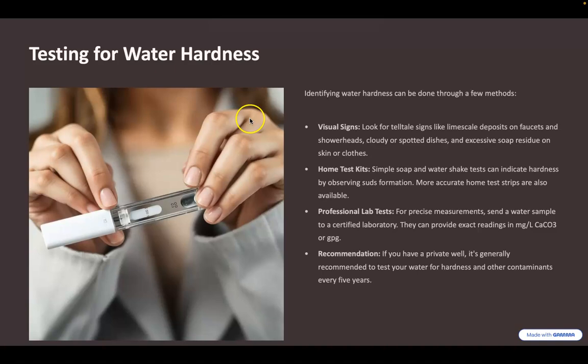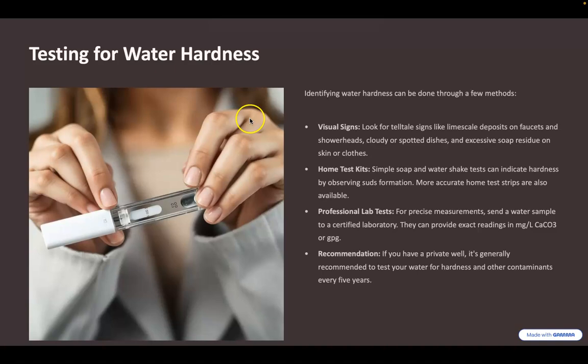So how can we test the hardness of water? We can test the hardness of water in different ways. One of the simple ways is visual signs. Look for telltale signs like lime scale deposits on the faucets, and then if some spots are formed on the dishes, and excessive soap residue on the skin or clothes.